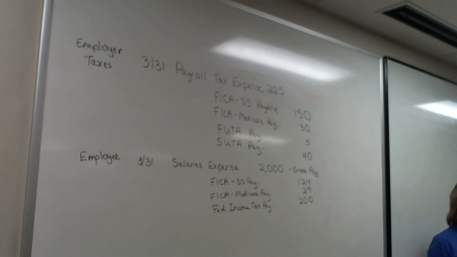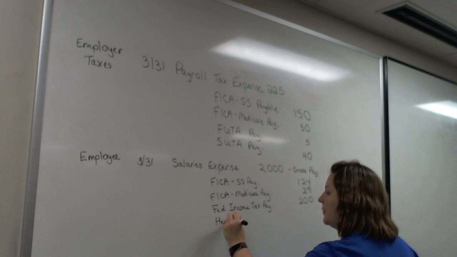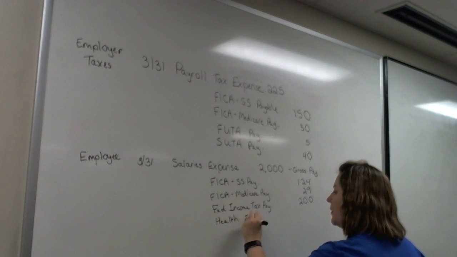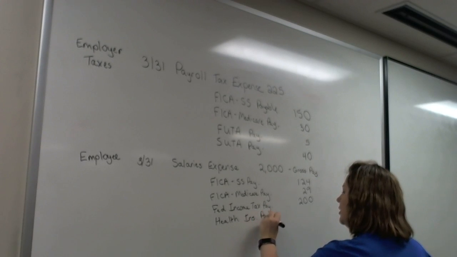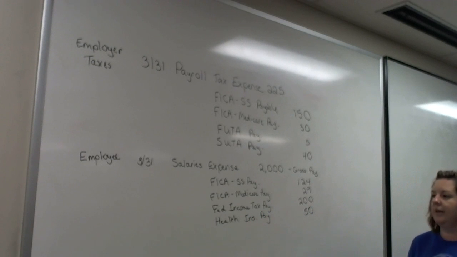And then they might have other withholdings. There could be state income tax. There could be health insurance. We'll just do health insurance just for fun. There could be insurance, union dues, any type of voluntary deduction, whatever we're deducting. And they'll give you all that information.